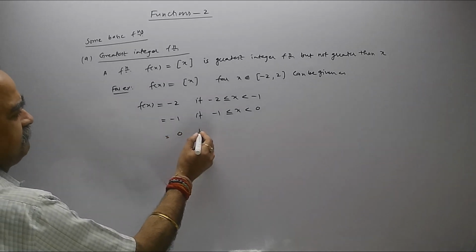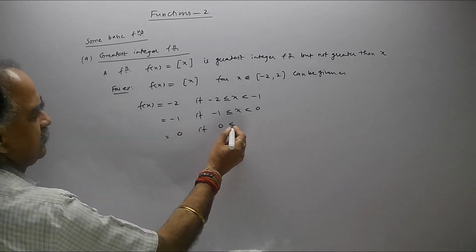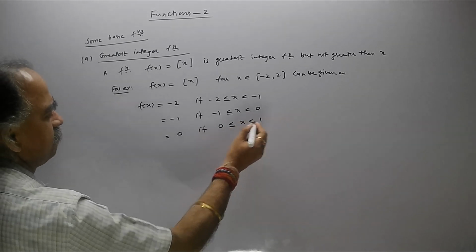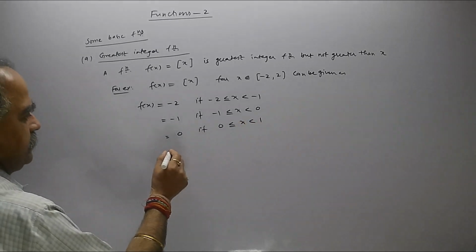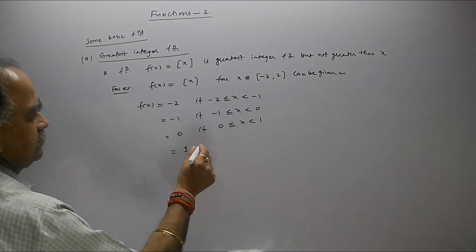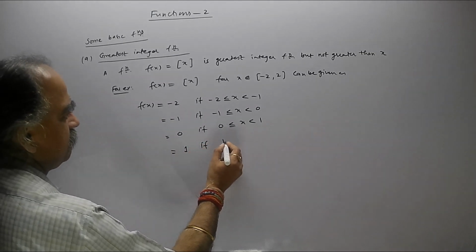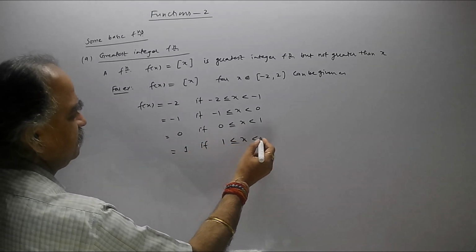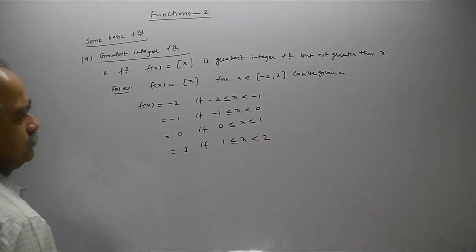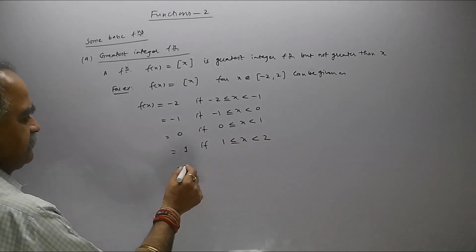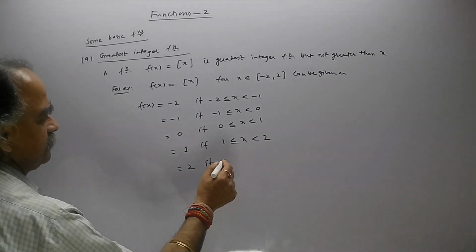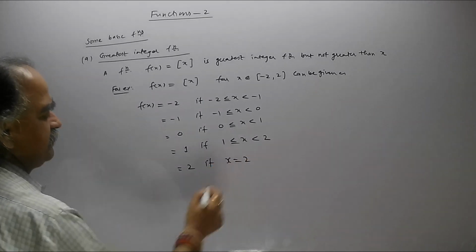It is 0 if 0 less than or equal to x less than 1. It is 1 if 1 less than or equal to x less than 2. And it is 2 if x is equal to 2.